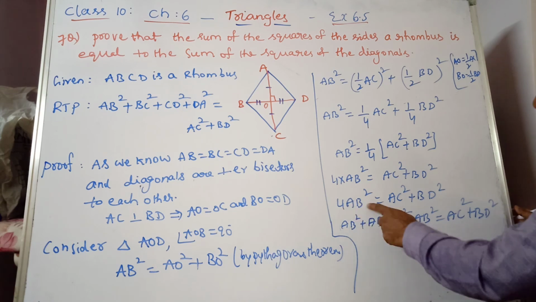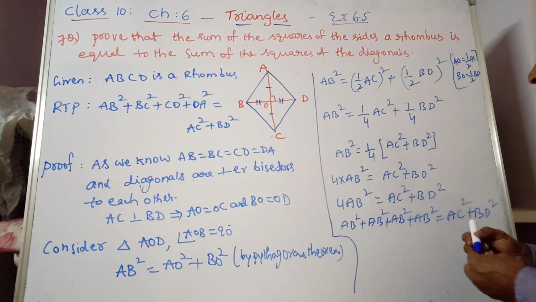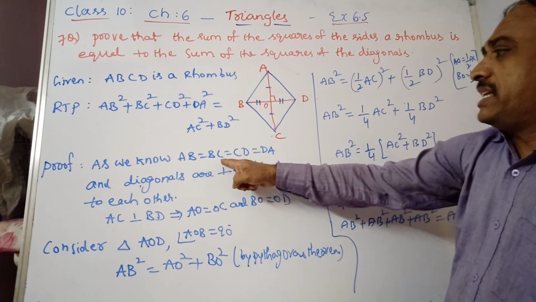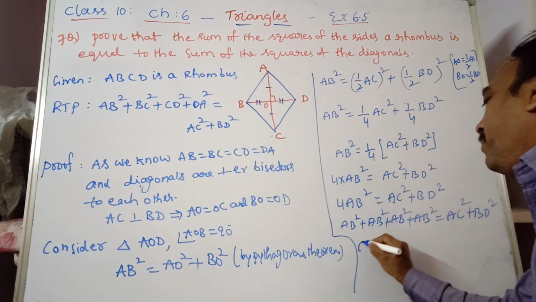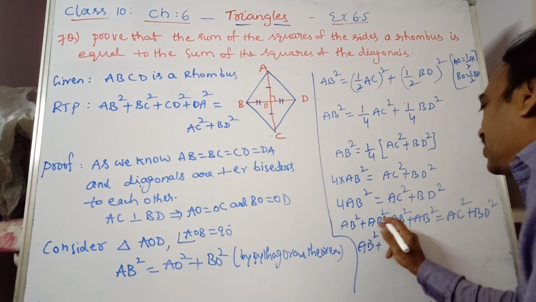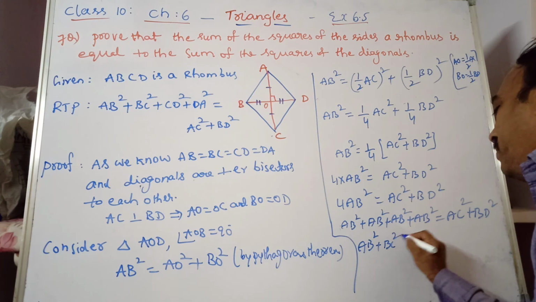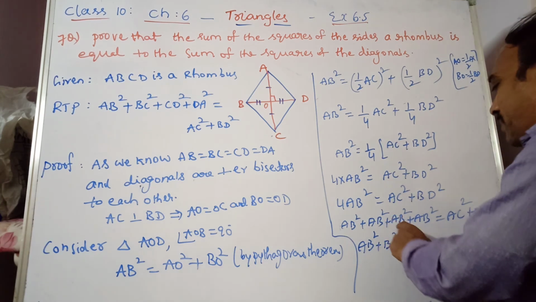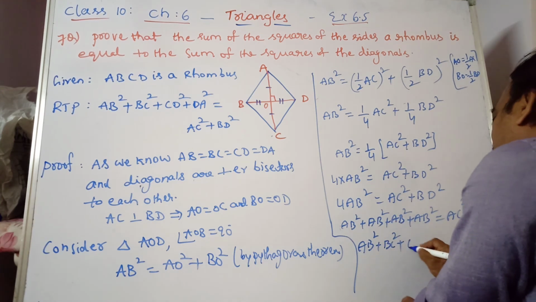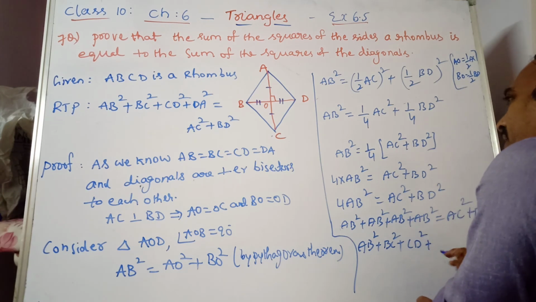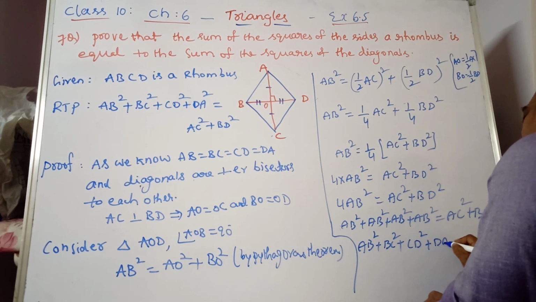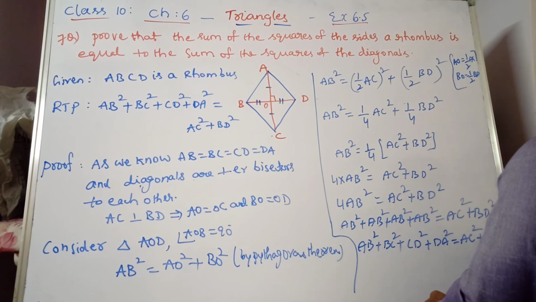Here 4 times is there, so I just wrote 4 times, but all sides are equal, AB is equal to BC. So next step I am writing AB square plus BC square plus CD square plus, last one, DA square, which is equal to AC square plus BD square.